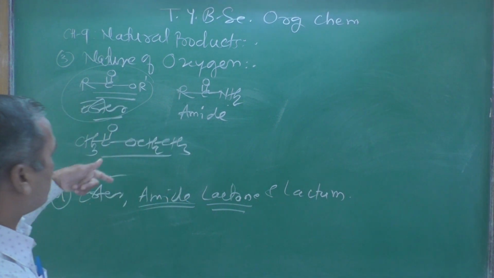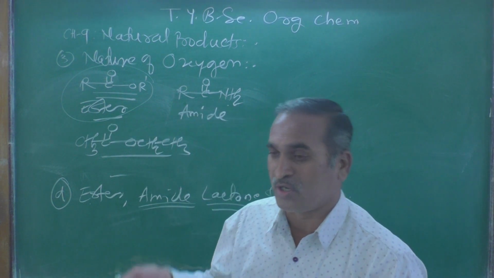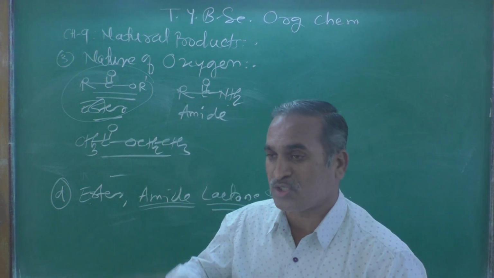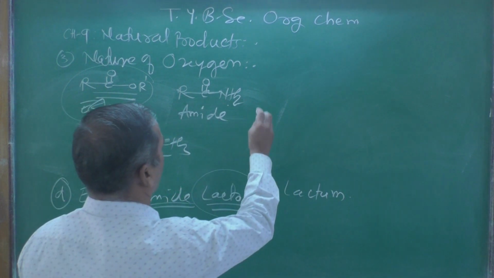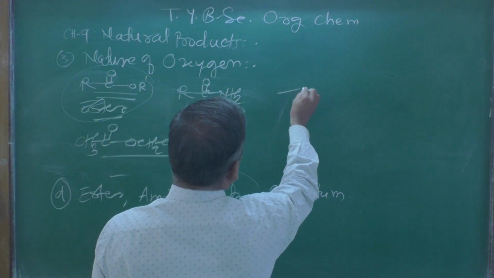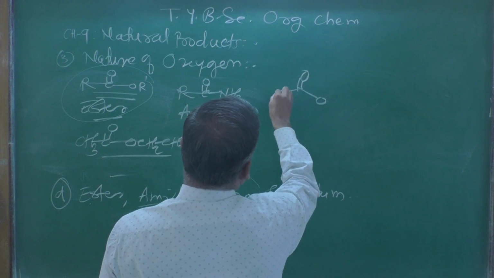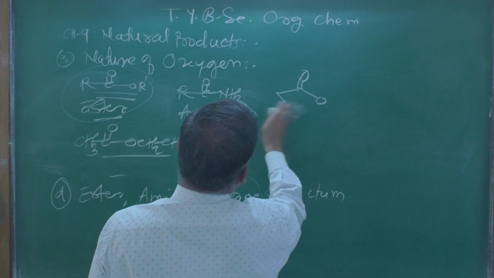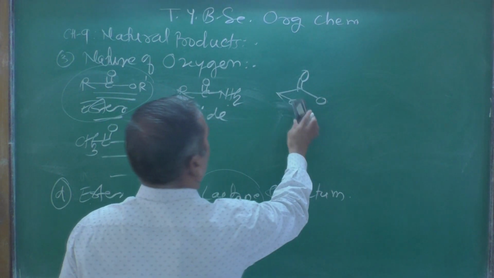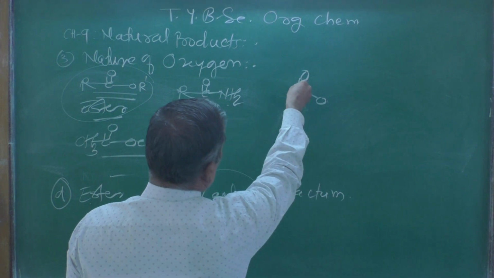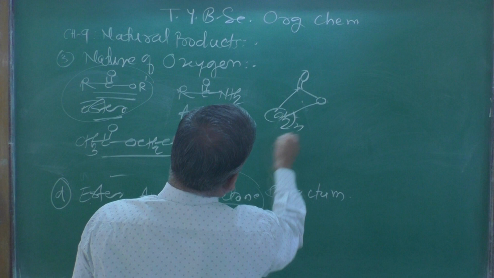But when the ester group is involved in ring formation, that type of structure is known as a lactone. Please remember, suppose we have a CH2, then an oxygen atom. If you see our carbonyl group, you can attach CH2 n like this.